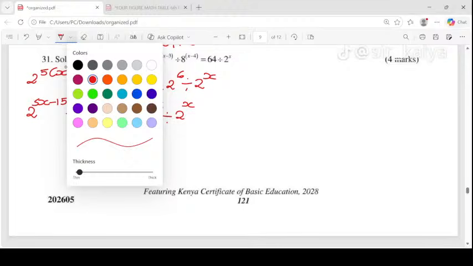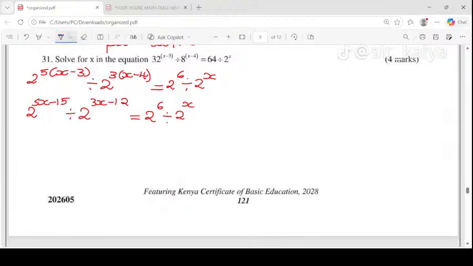We have a law of indices that says a power m divided by a power n is like saying a power m minus n.